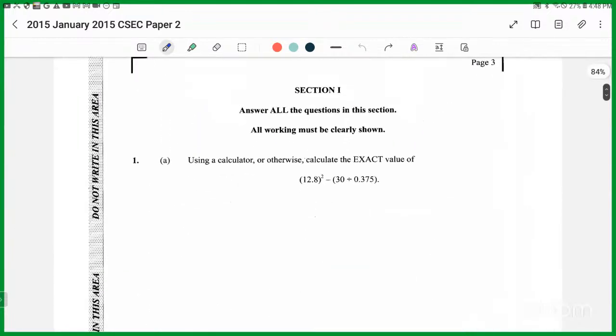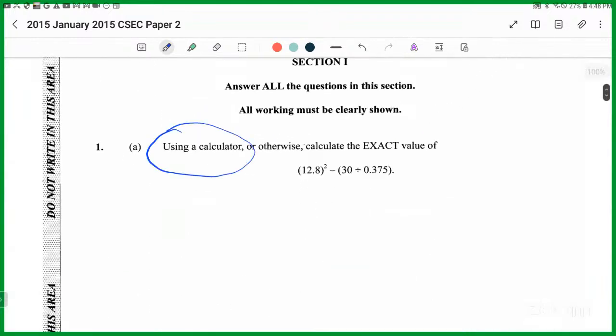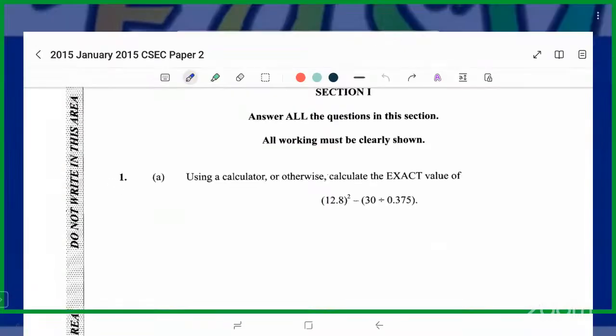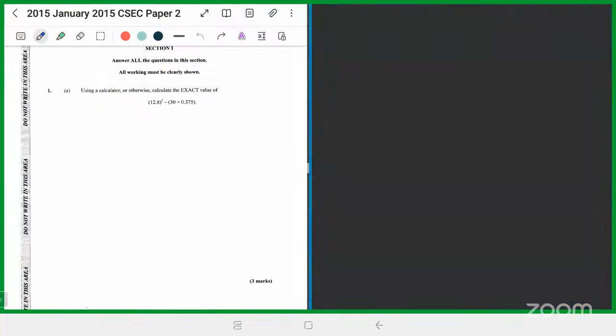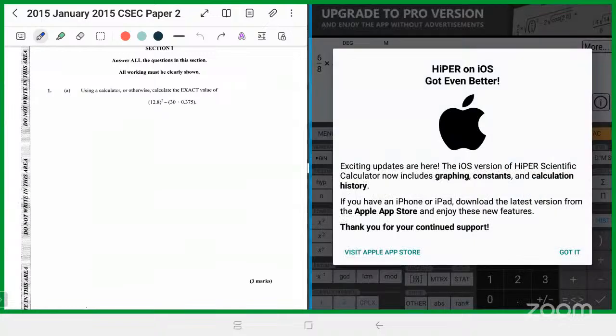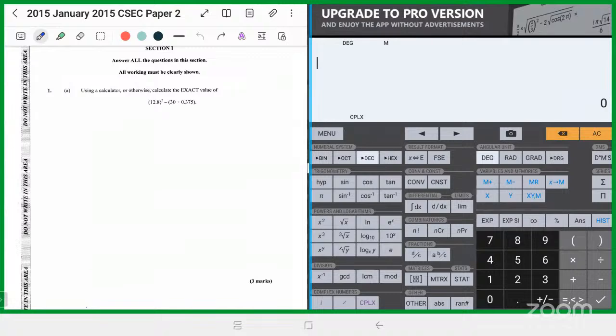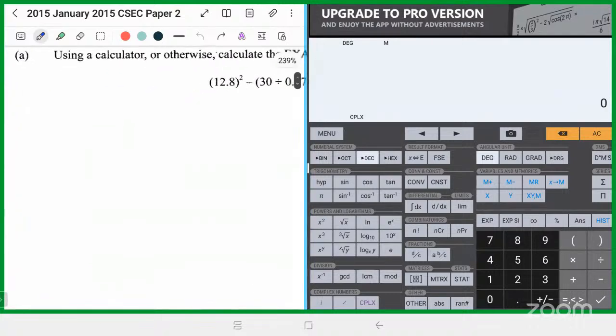So the first question is a calculator question. Work this out. So let's get the calculator. Basically, I want to work this out.